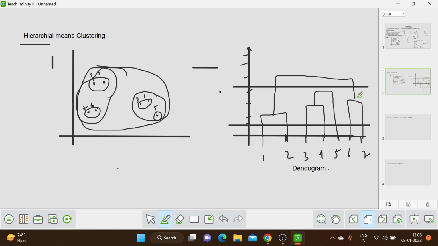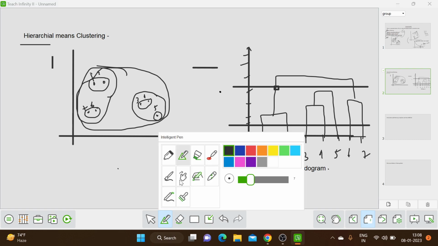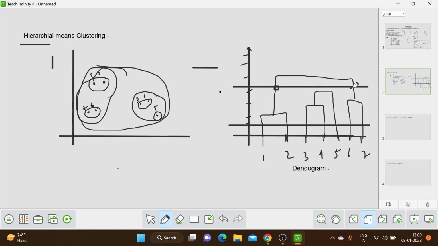It depends. If the longest line is here such that no horizontal line passes through it, we cannot draw clusters like this. We have to draw such that no horizontal line passes through it.